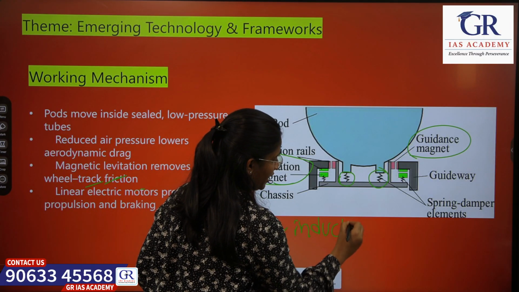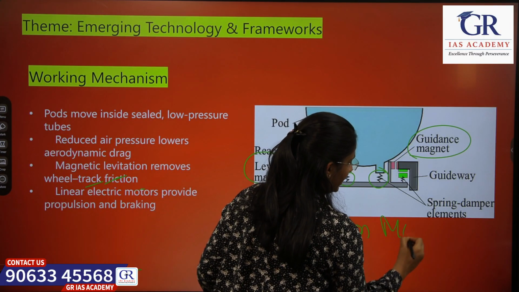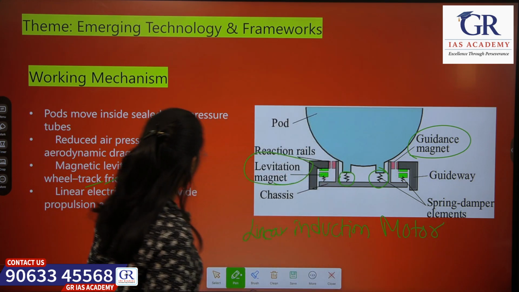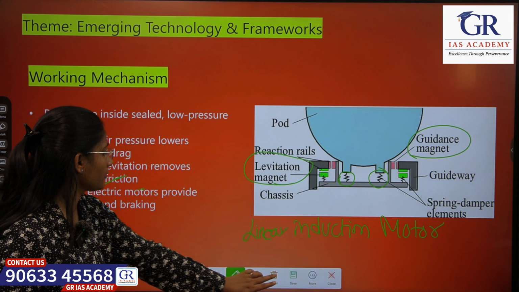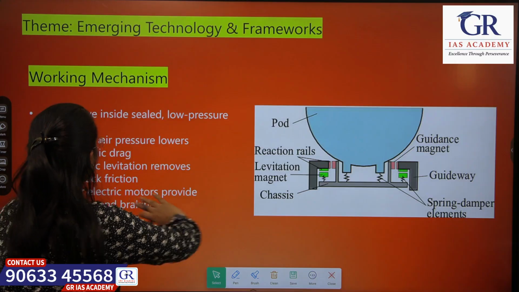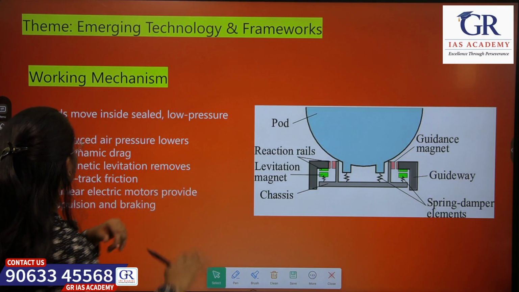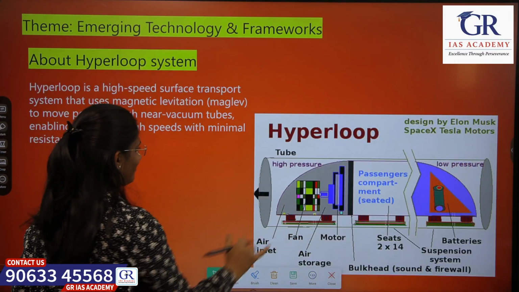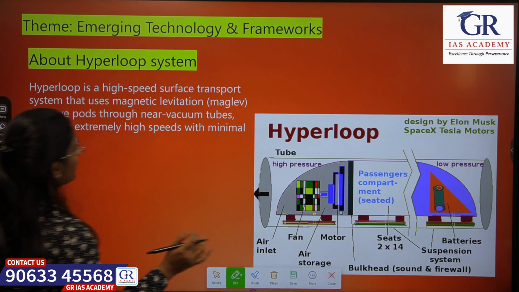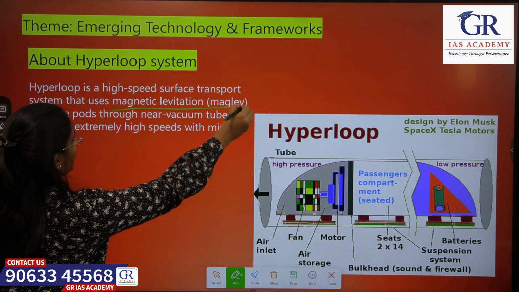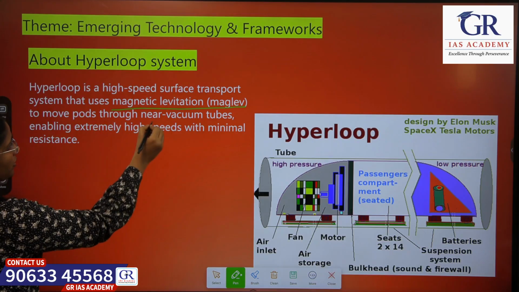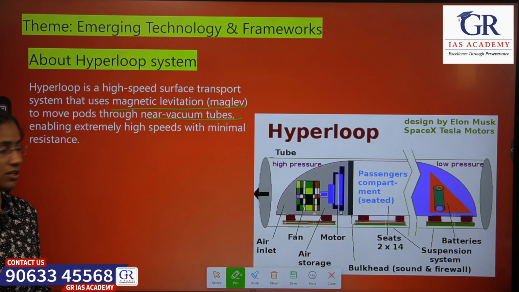So Hyperloop technology uses linear induction motors. Magnetic levitation to move pods through near vacuum tubes.